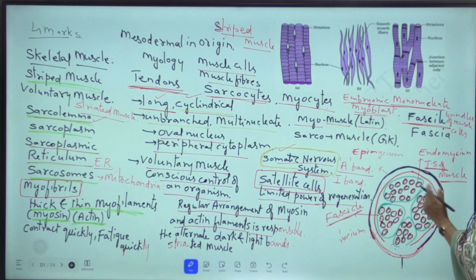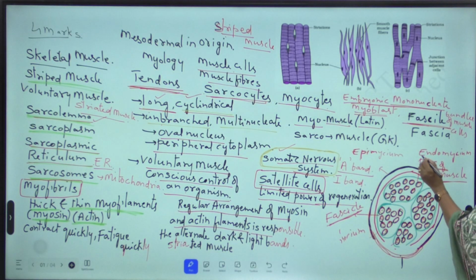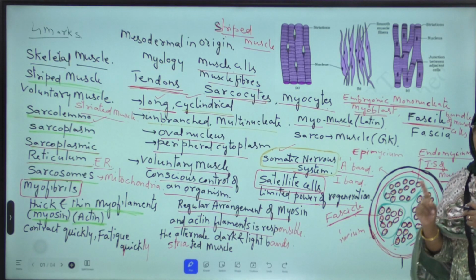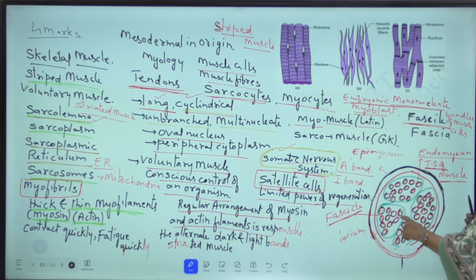Here, each individual muscle cell is covered by a thin connective tissue membrane. This thin connective tissue membrane which covers the individual muscle cell is called endomysium. Next, each fascicle is covered by another thin connective tissue membrane.